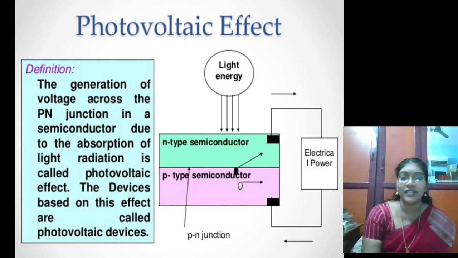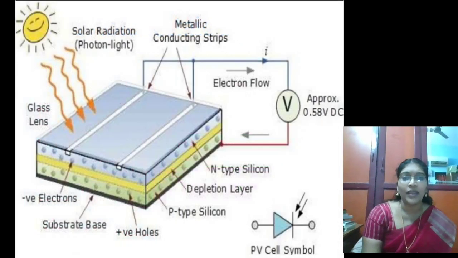And the device that is used in this effect is called a photovoltaic device. Now you can see how a solar cell is used. The sun's radiation, that is light or photons, is used in these solar cells, and it is converted into electricity.